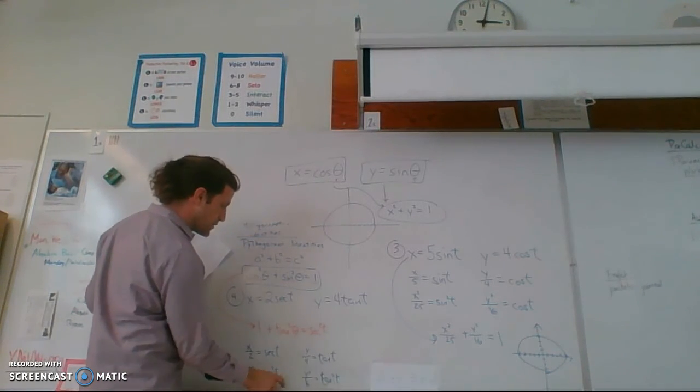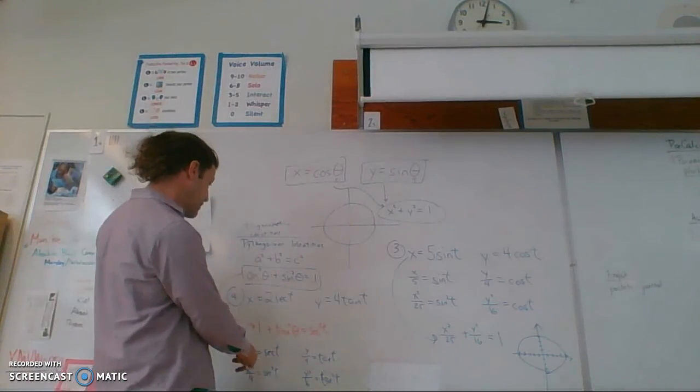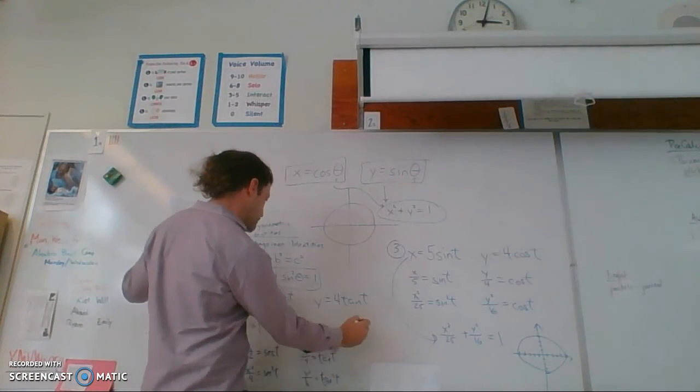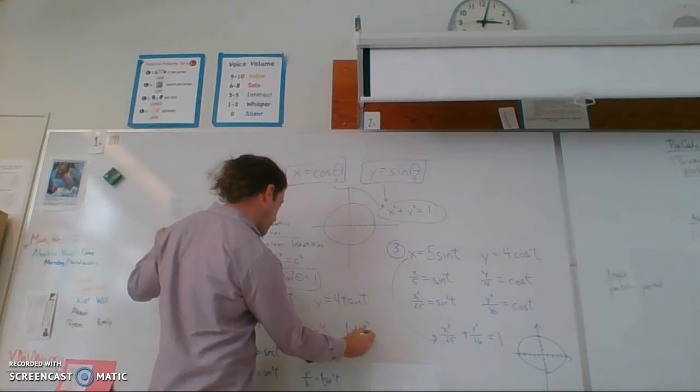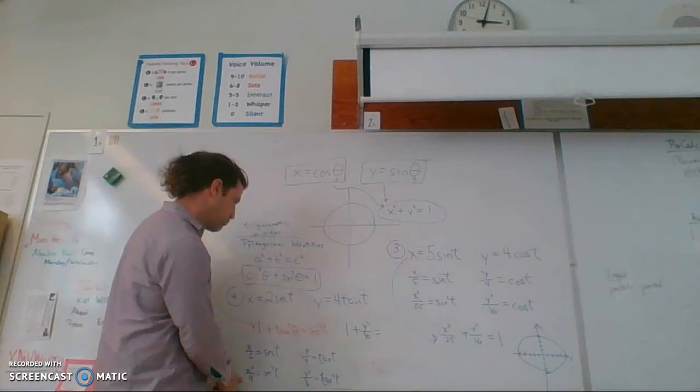And using these two, we sub into the identity, and we get 1 plus y squared over 16 equals x squared over 4.